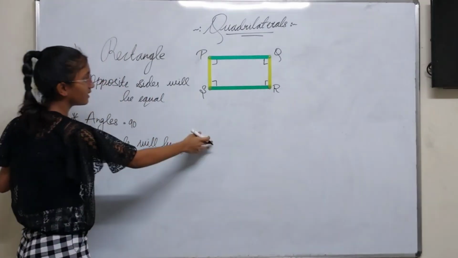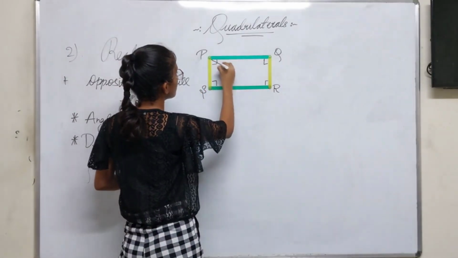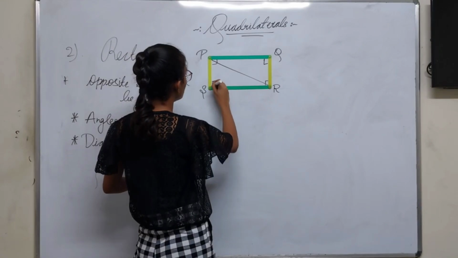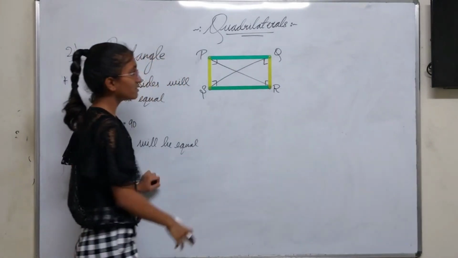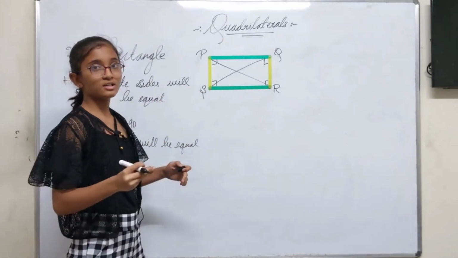Also in a rectangle diagonals will be equal, which means PR will be equal to SQ. Here diagonal means a line segment joining the non-adjacent vertices.